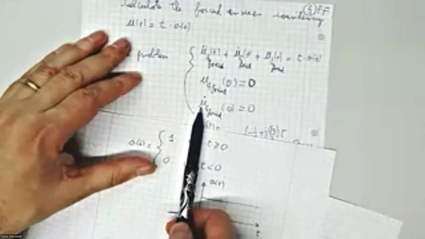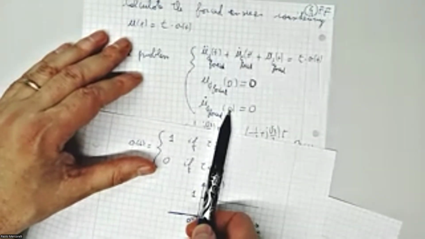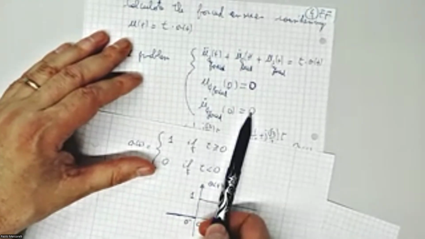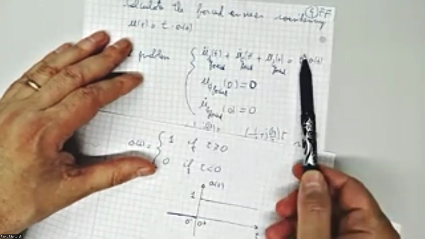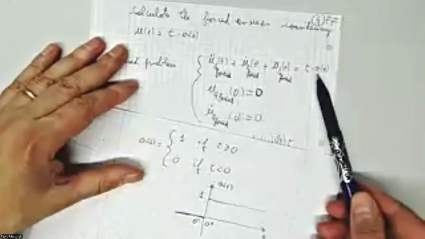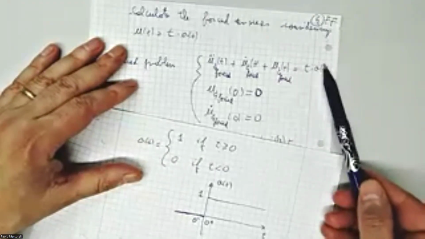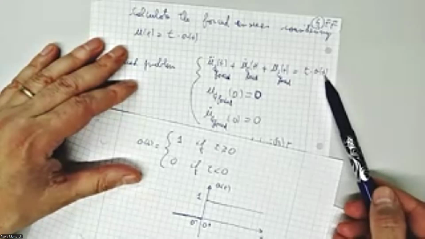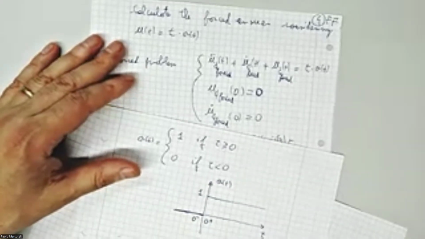And also here, the derivative of UC forced at 0 minus equals the derivative of UC forced at 0 plus equals 0. Even though we have an input which is a little bit particular, with this sigma.